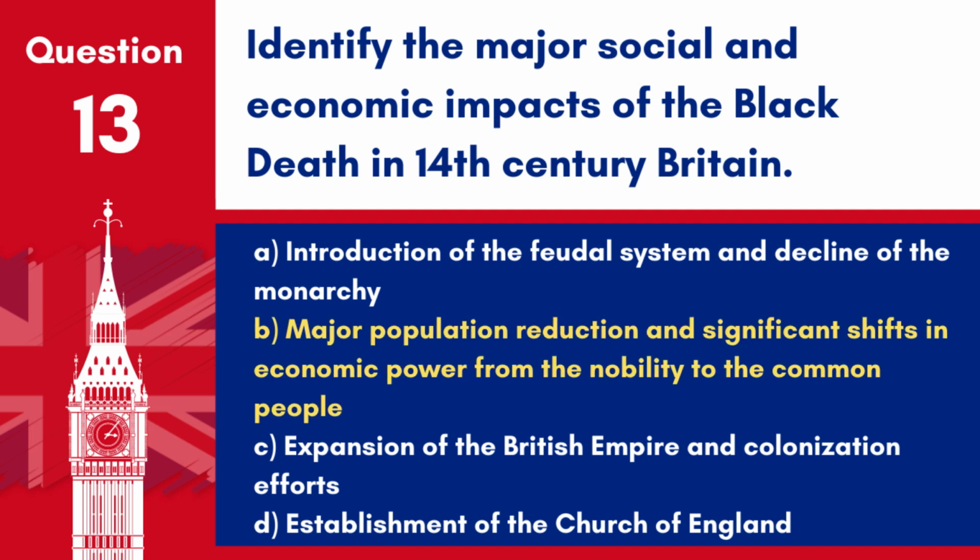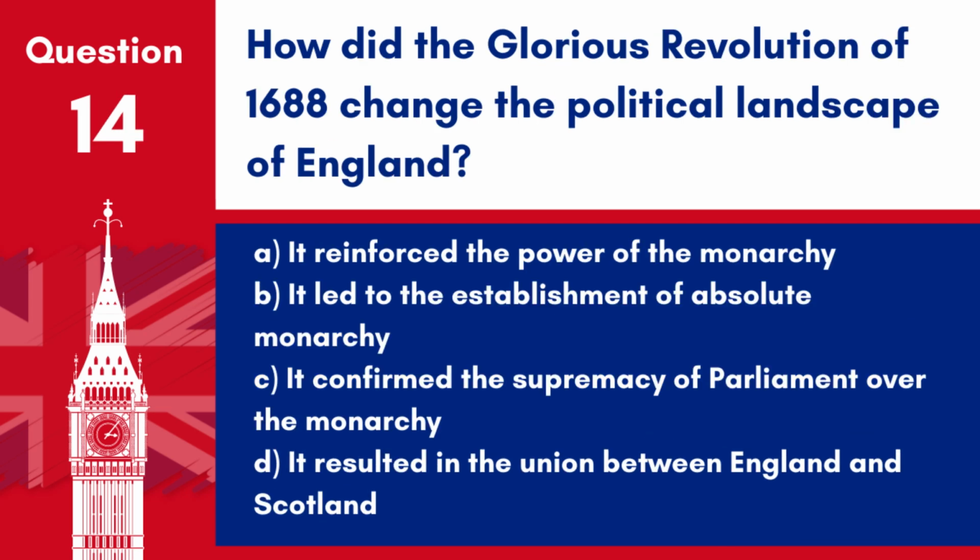Major population reduction and significant shifts in economic power from the nobility to the common people. The Black Death had a profound impact in 14th century Britain, drastically reducing the population and leading to significant social and economic changes, including shifts in power from the nobility to more empowered common people due to labour shortages. Question 14.